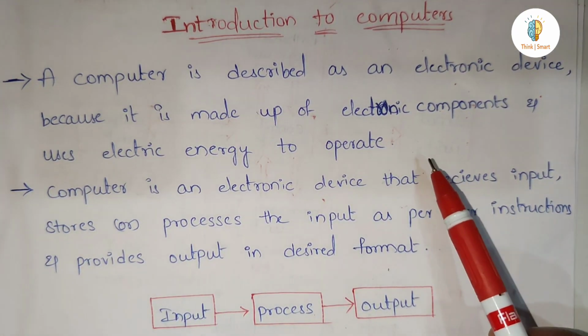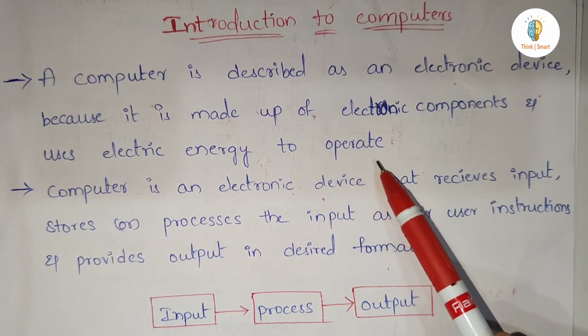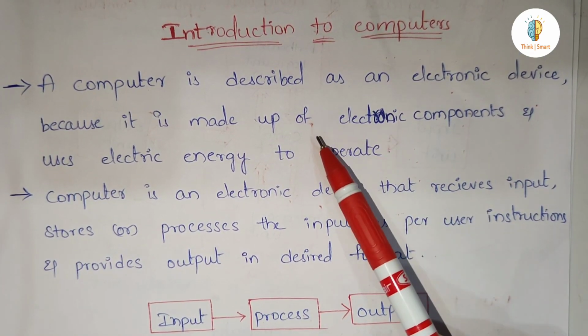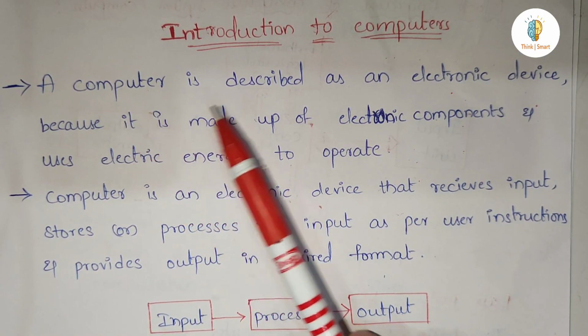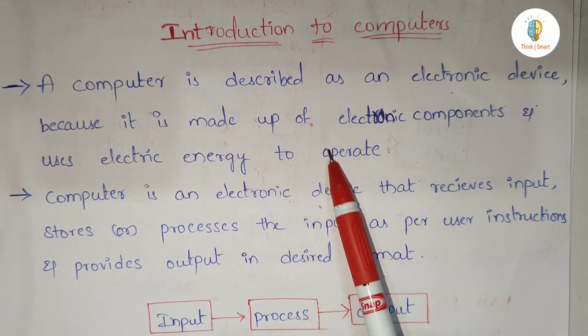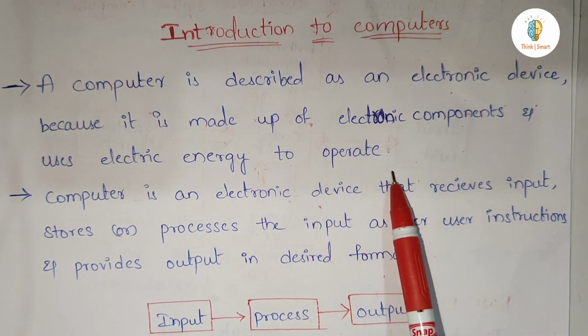And to operate the computer we need some electric energy so that we can charge the computer and use it. So here comes the first point about the computer: a computer is described as an electronic device which is made up of electronic components and uses electric energy to operate.